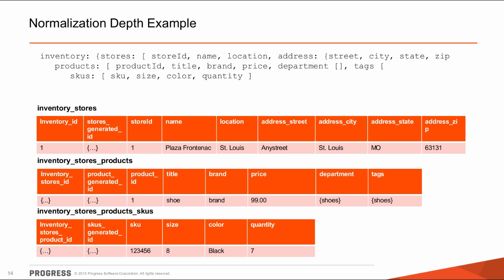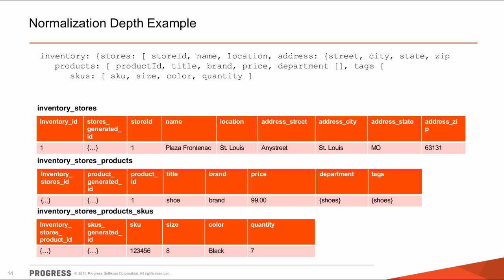And then another, inventory stores products SKUs. These names you can control; these are just example names here that are directly connected with this particular example that contains the product SKUs.